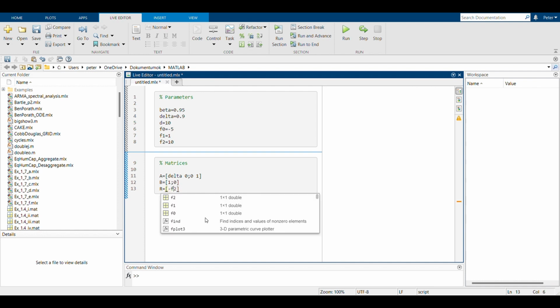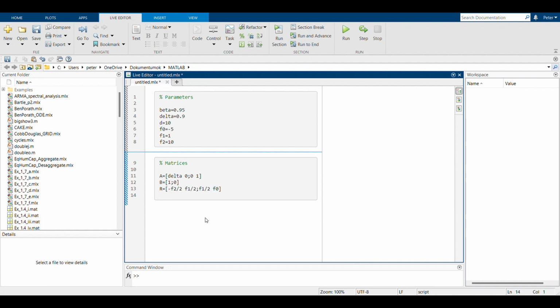This is F2 over 2, minus F2 over 2, F1 over 2. This is symmetric, so the second row starts with F1 over 2 and finally F0. Q is minus D over 2, and we need a technical vector which I will explain in turn.